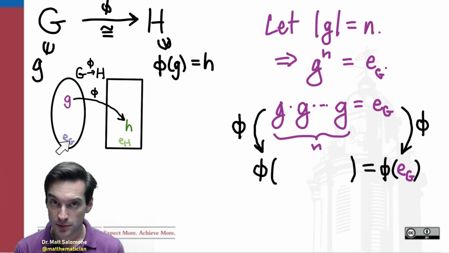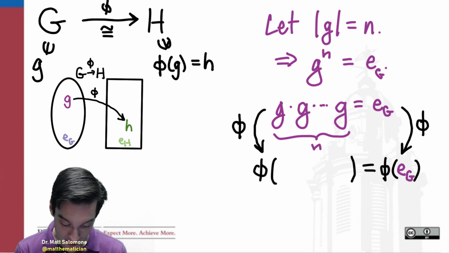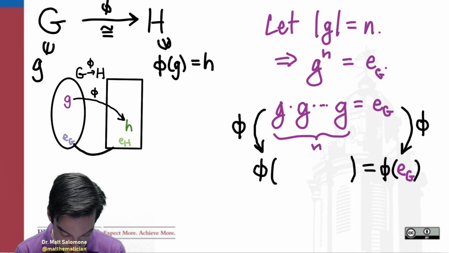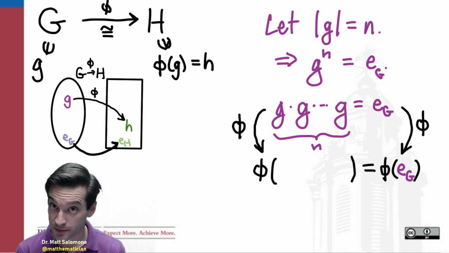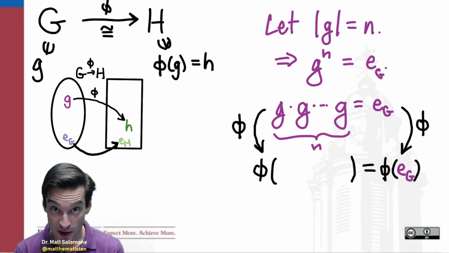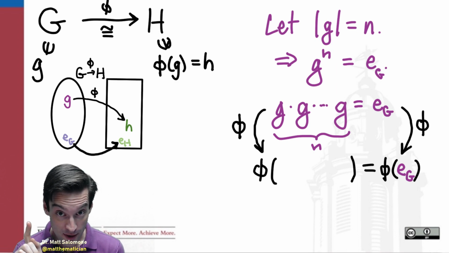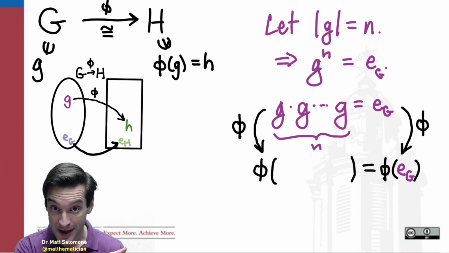Well, what do, in fact, not just isomorphisms, but indeed all homomorphisms do with the identity element of a group? They map it to the identity element of the other group. That is something that every function with the homomorphism property will do. Just like how in linear algebra, every linear transformation mapped the zero vector of the domain to the zero vector of the range.